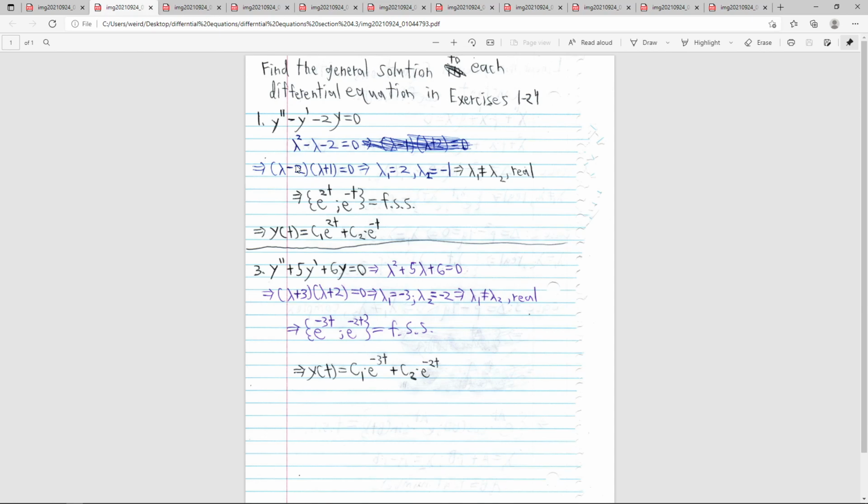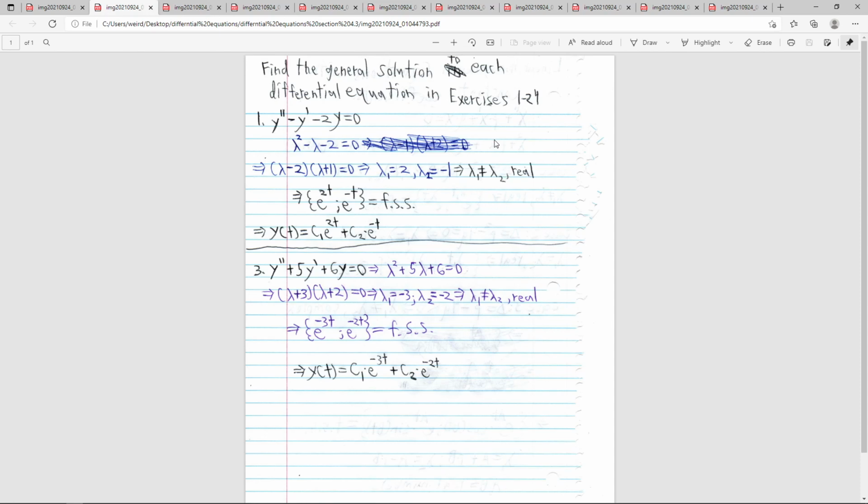Because if you were to FOIL, you multiply these together, you'll get lambda squared minus lambda minus 2 equals 0. And as per basic algebra, lambda 1 equals negative 1, because lambda plus 1 equals 0 implies lambda equals negative 1. And lambda minus 2 equals 0 means lambda equals 2 is another solution.